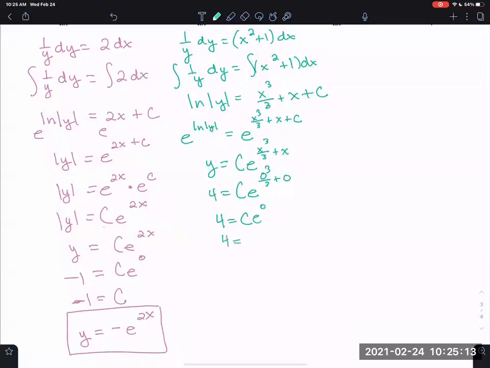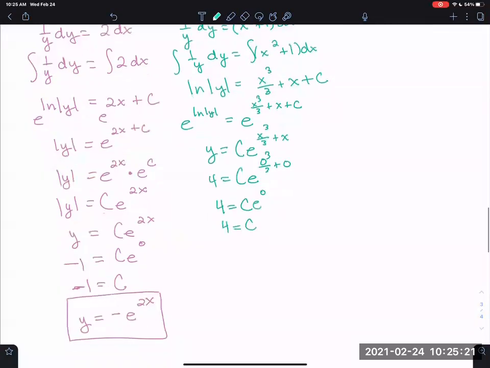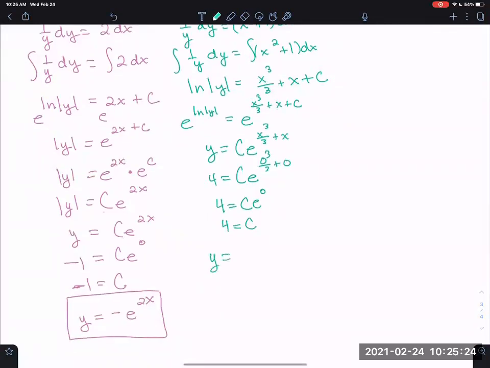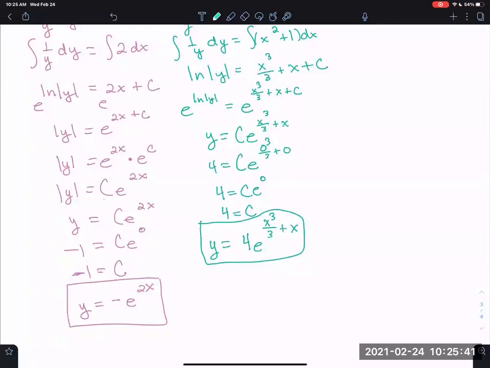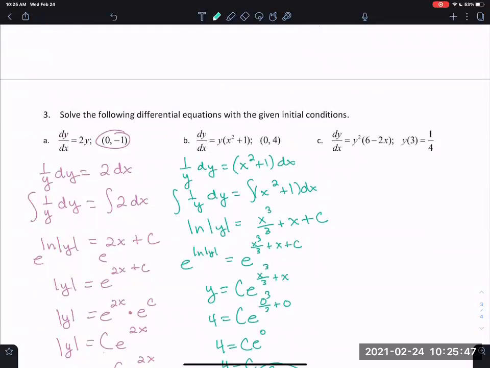So my final answer is y equals 4e to the x cubed over 3 plus x. And if you go back and look and I plug in a 0, I will get 4 as my y value. Okay, all right. So I definitely want you to pause, try this one. I'm actually going to do the same, and when you come back, you'll see the answer.